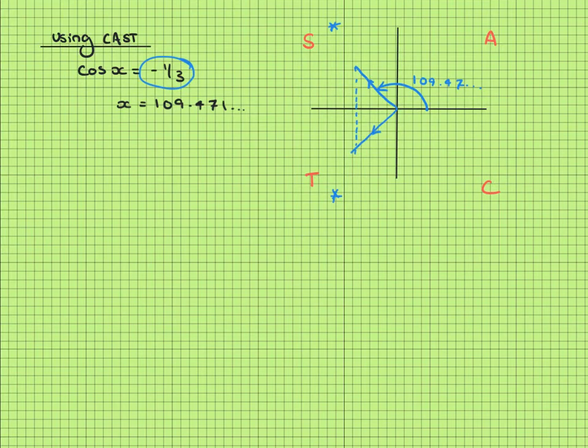So if we then reflect that down into the other quadrant, which is here, then we can see that the other angle is calculated by 180, and then we add on this value over here.